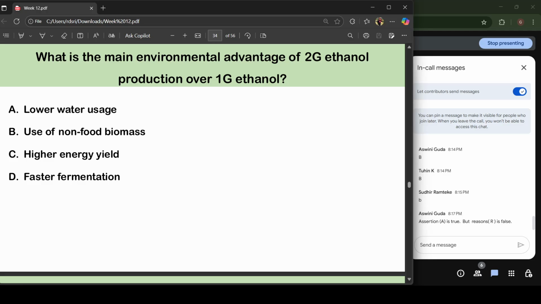What is the difference between first generation and second generation ethanol? And that will directly end up in the answer here.